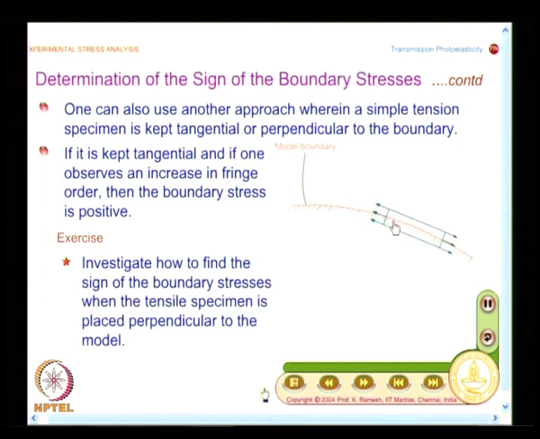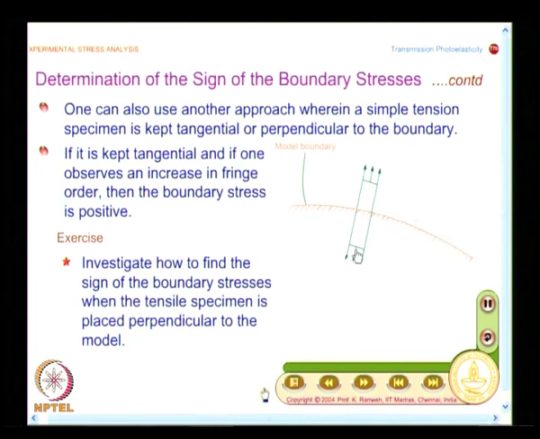When I keep a tensile specimen tangential to the boundary, you are adding retardation in the horizontal direction or tangent to the point of interest, and when I keep it vertical, I add retardation in the direction perpendicular to it.